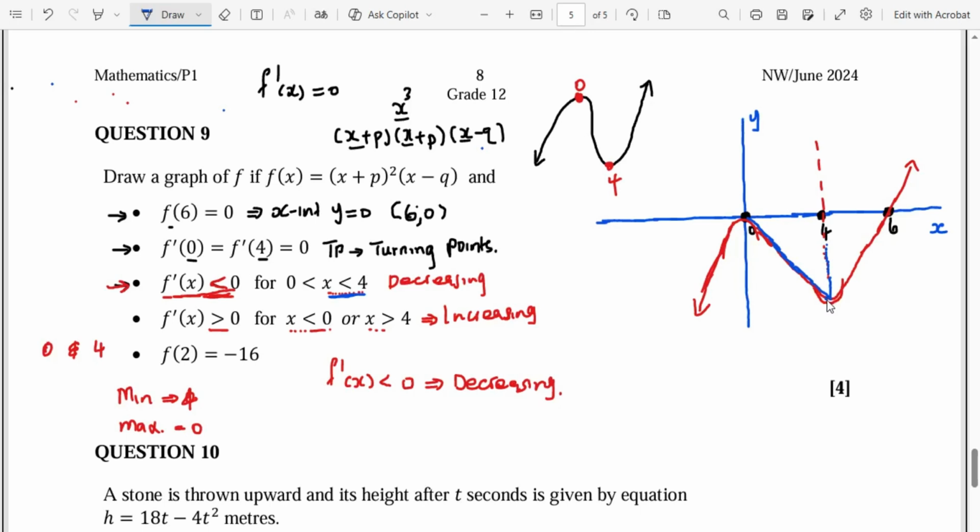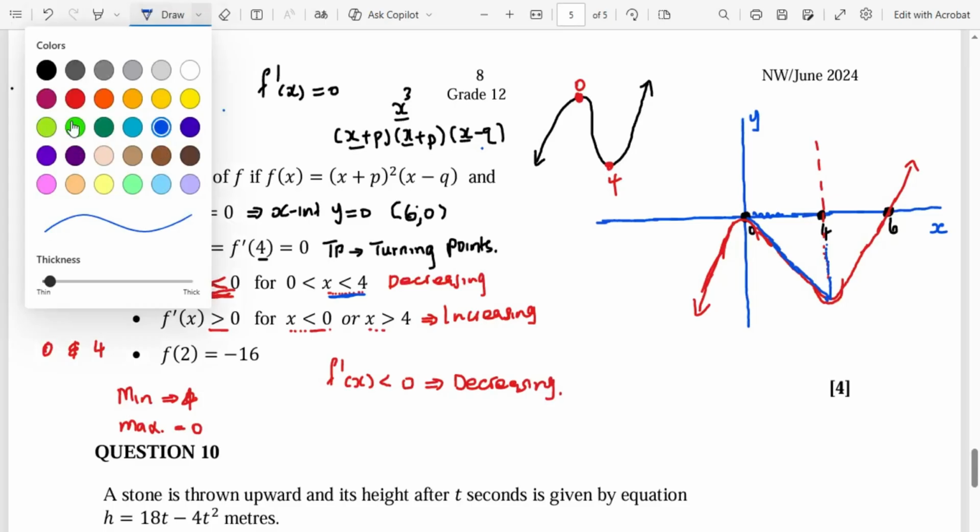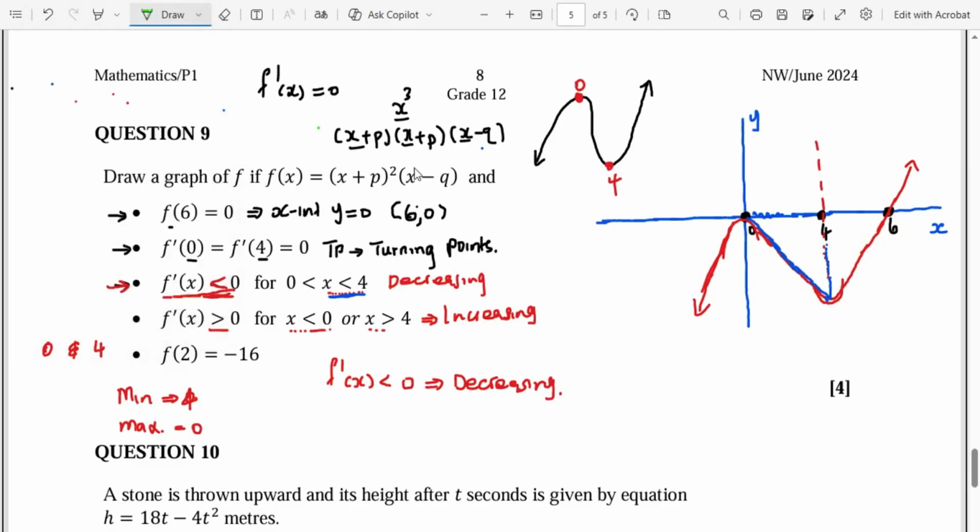X less than 4, the graph is decreasing. Let me indicate that with a different marker. This part here, your graph is decreasing, which is that blue part.